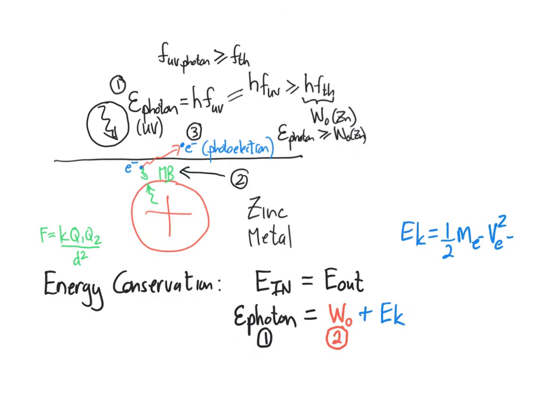Now, that retarding potential shows us what the energy is of the electrons that have the maximum kinetic energy. So we put max here in the subscript because we cannot measure the kinetic energy of electrons that leave the surface that have energy less than the maximum kinetic energy, and that's an experimental constraint, because the retarding potential stops the electrons that travel the fastest through the space between the cathode and the electrode.